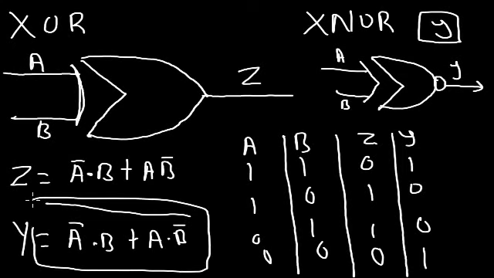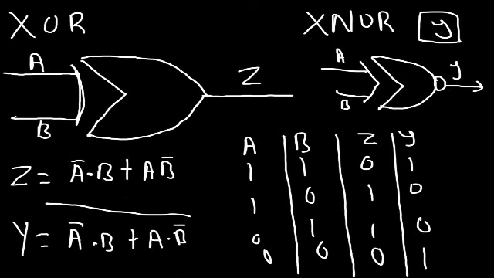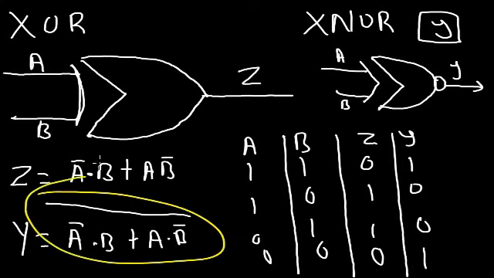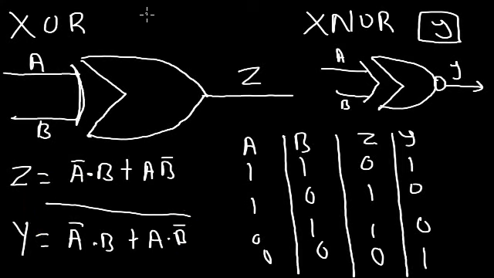Now this is not the final simplification. If you have watched my video on De Morgan's law of logic gates, you should be able to simplify this to the lowest term. By the time you simplify this, you should end up with this as your final answer. So it can be represented this way or this way: AB plus A bar B bar.